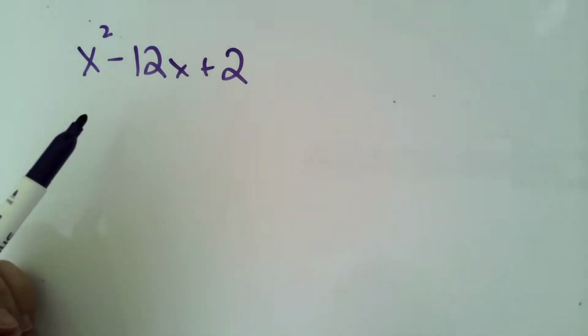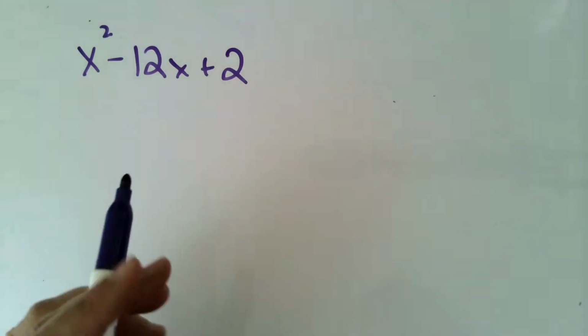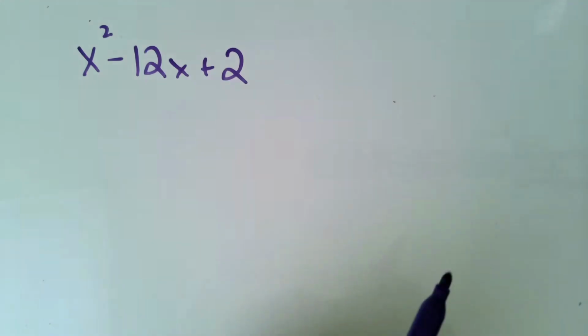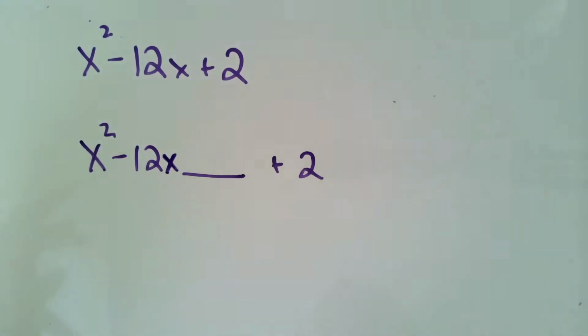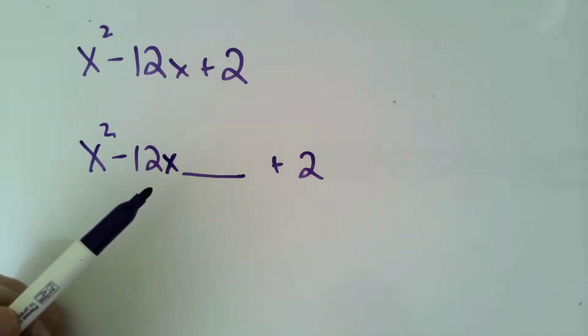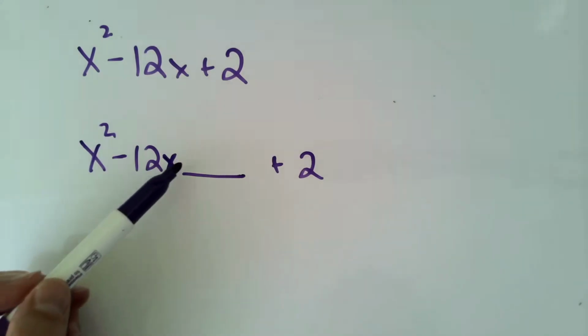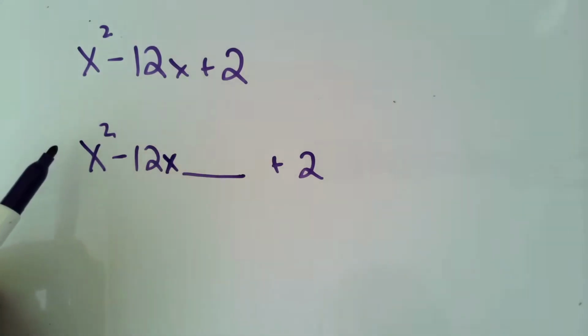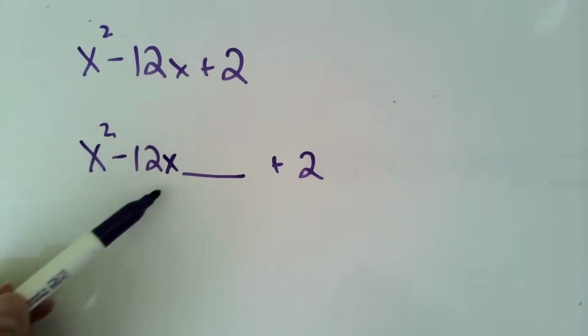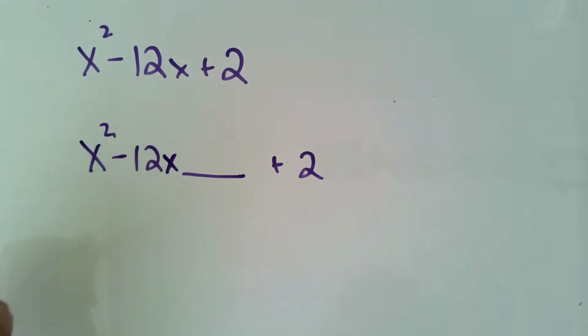So completing the square goes like this. First, I'm going to separate the plus 2 out of the way. Okay, great. Now I'm going to complete the square. And what that means is I'm going to create a perfect square out of this first part of the equation. To do that, I'm going to take the coefficient of my x. I'm going to divide it in half.